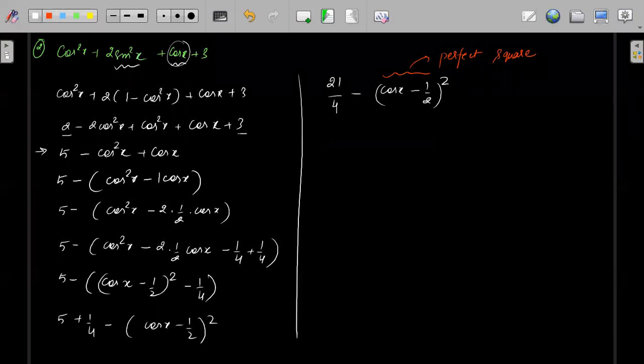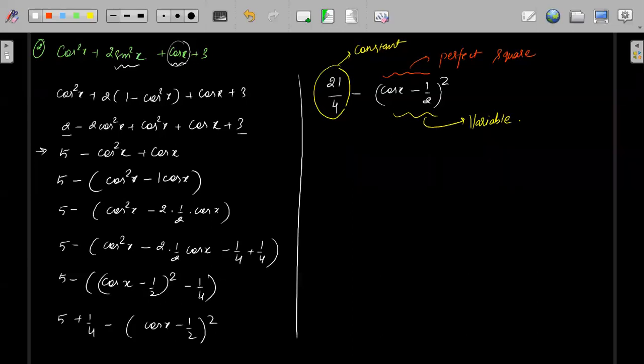Okay, so let's see. So this is 21 by 4, and this part is a constant part. The only variable part is this one, right? So I have to find the maximum and minimum value of this.